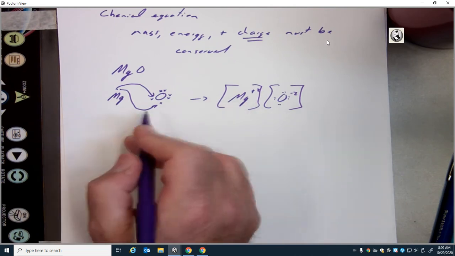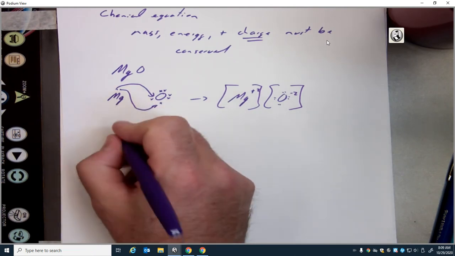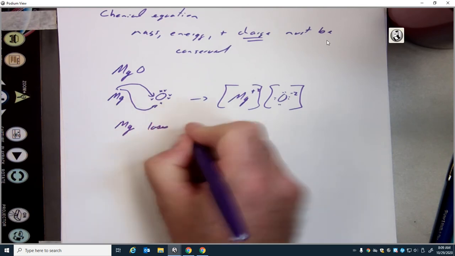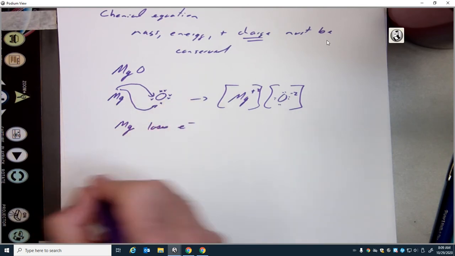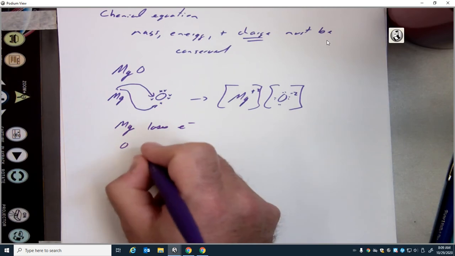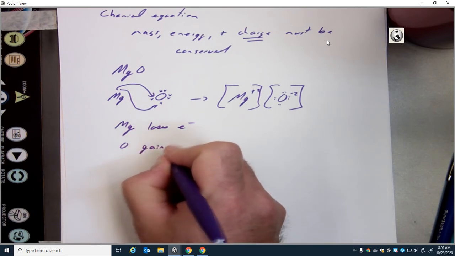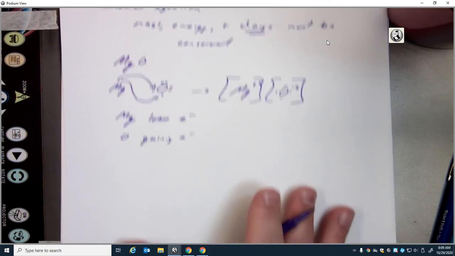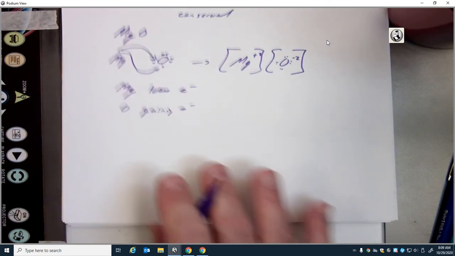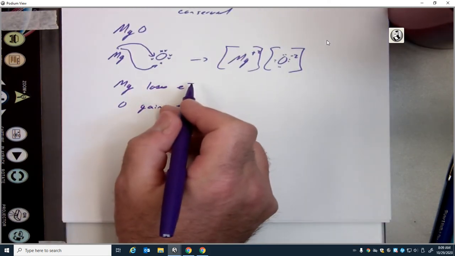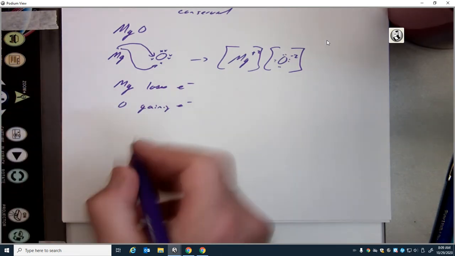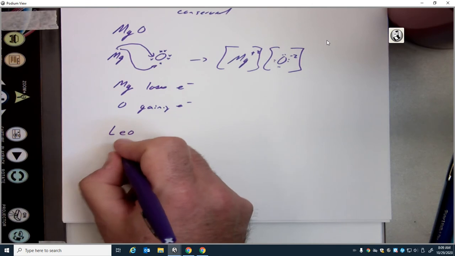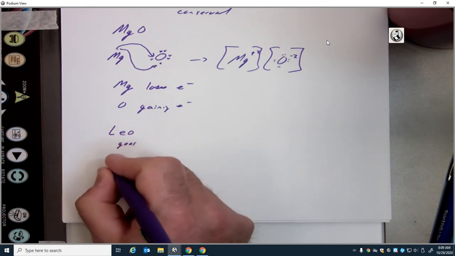But if we look at this, our Mg loses electrons, and our oxygen is gaining electrons. Well, this is how oxidation reduction is defined. So you might remember this. LEO goes GER.